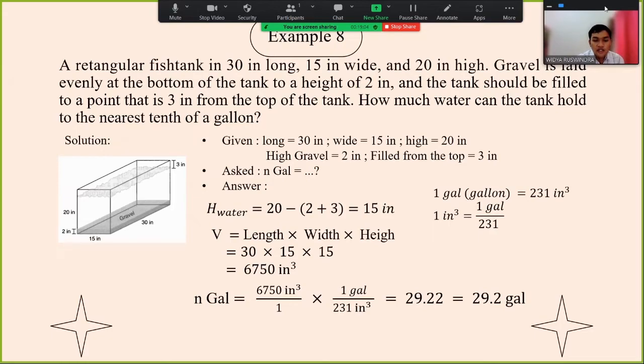So n gallons equals 6,750 cubic inches times 1 gallon per 231 cubic inches equals 29.22, which is 29.2 gallons. So the conclusion: the water the tank can hold to the nearest tenth of a gallon is 29.2 gallons.